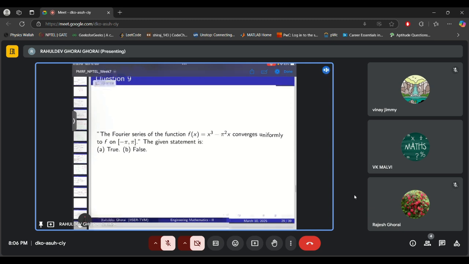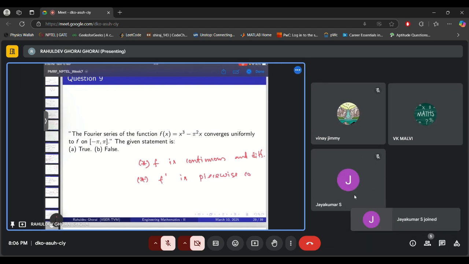So first of all, a function f is continuous and differentiable. Then you have to have this f prime at least piecewise continuous.